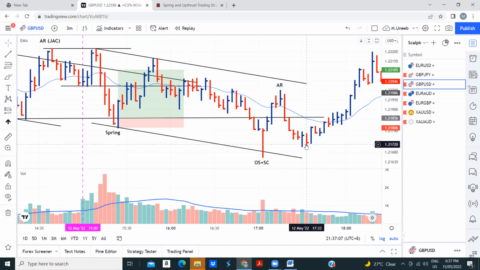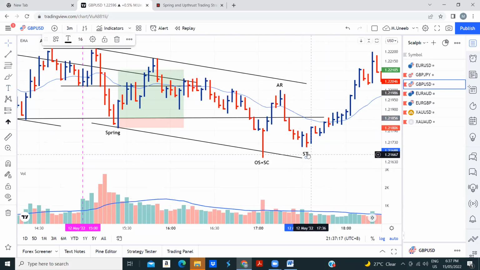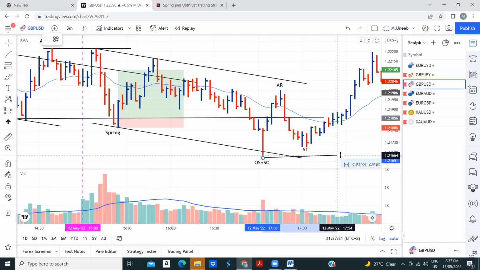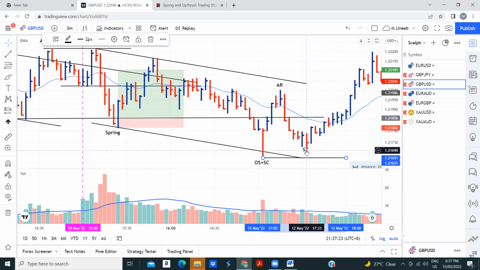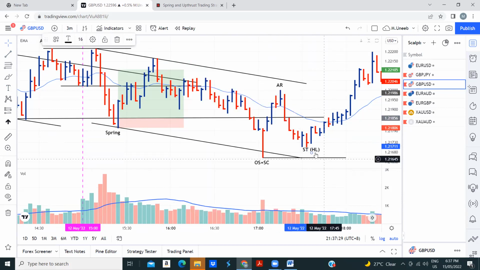The price came back and reversed from here. This is the secondary test. But we were waiting for the second test to test this point here, but the price did not test this point. Instead, the second test made a higher low.